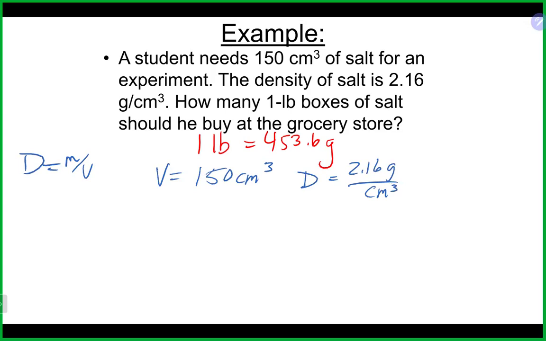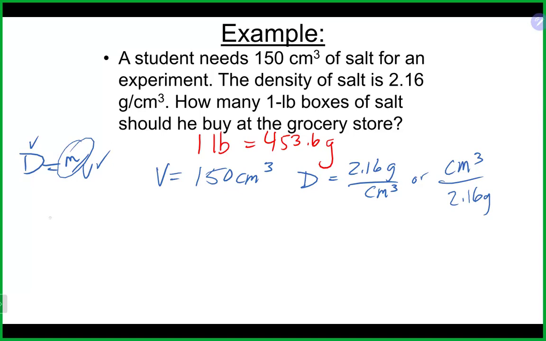Now you can use density like a conversion factor and do some problems with dimensional analysis, which means you could, if you needed to, flip the density around and use the cubic centimeters up on top and the grams on the bottom. If you're not sure where you should start, you have density given to you, you have volume given to you. I'm just going to go out on a limb and say mass seems like a good thing to solve for in this case.